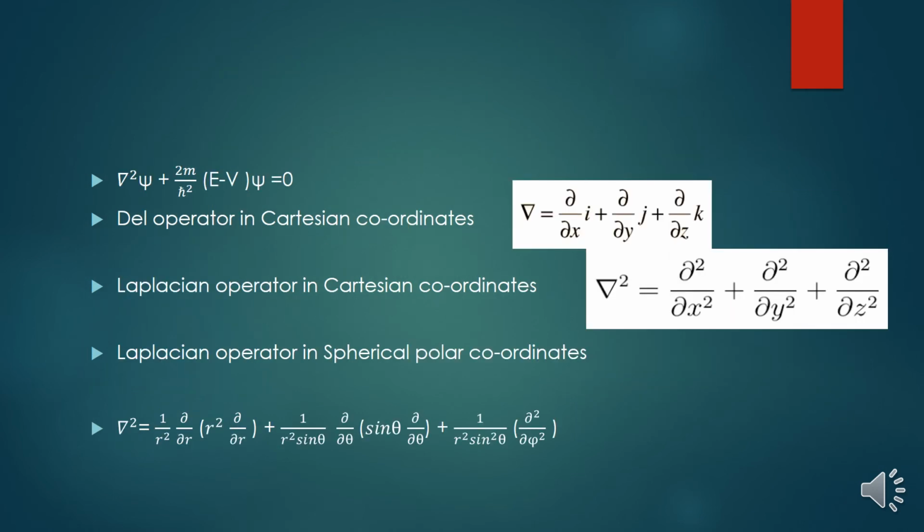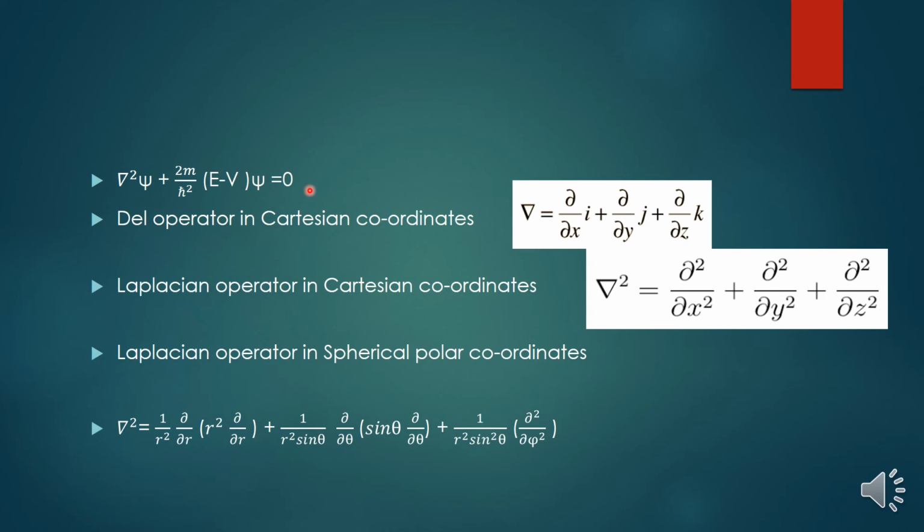How do we write the Schrodinger's time independent equation in the spherical polar coordinate system? We know that we can write Schrodinger's time independent equation in 3 dimensions in this fashion: del square psi plus 2m upon h cross square, E minus V, multiplied by psi, is equal to 0.